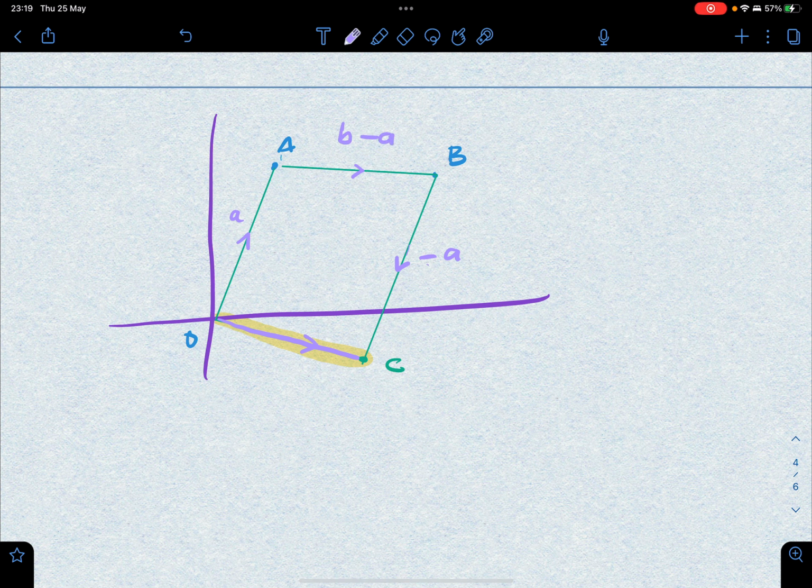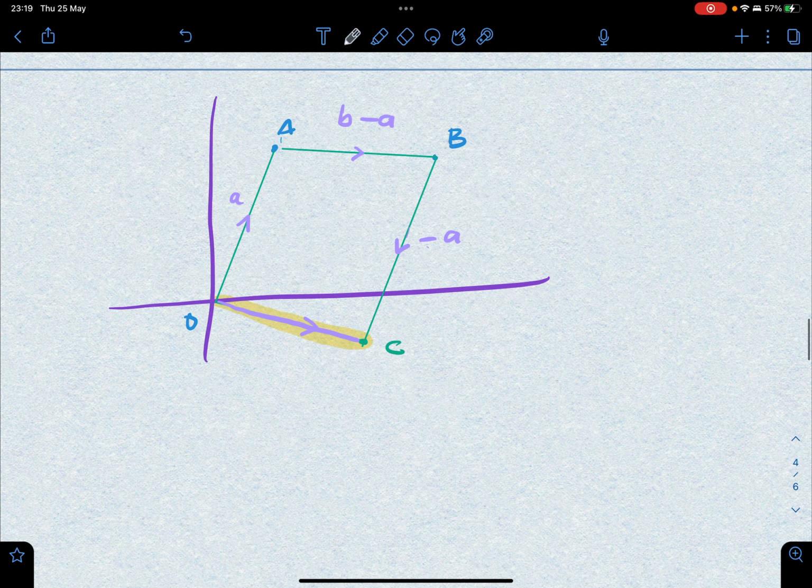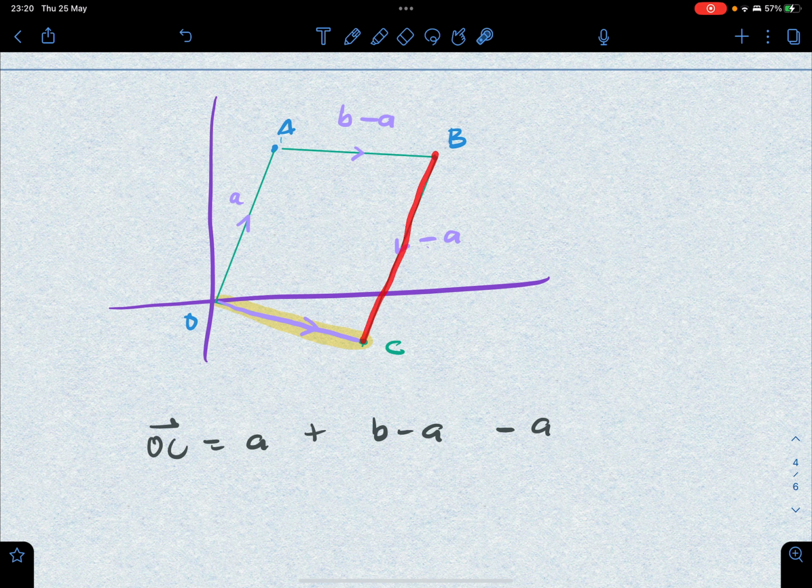So we've got a plus b minus a plus minus a. So we can write the answer like this. OC equals a, that's that, plus b minus a, that's that, minus a, that's that. So we go 1, 2, 3, and that's the equivalent of OC.